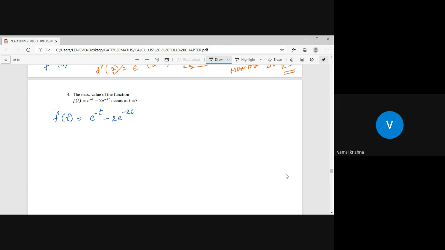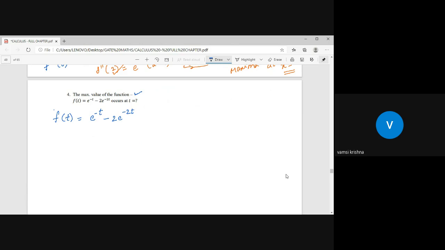This is the given function and we want to find out the maximum value of the function. They are not asking at which point the maximum occurs; it becomes maximum somewhere, and they are asking what that maximum value is. That is the thing you should understand. You should clearly know about maxima and maximum value.